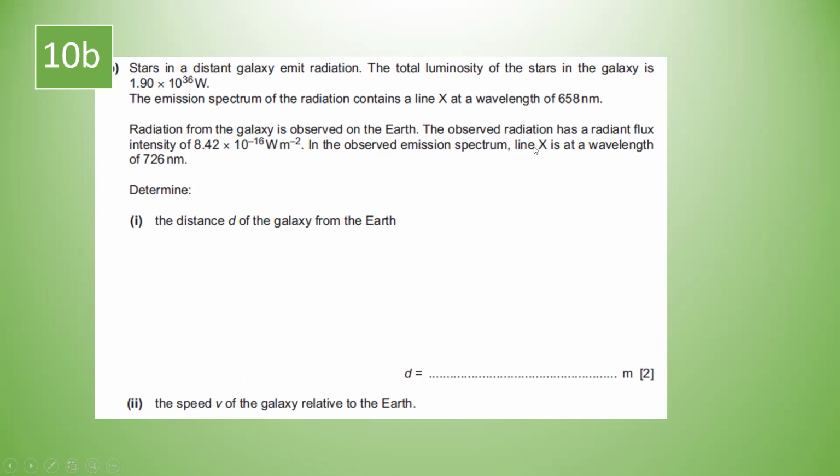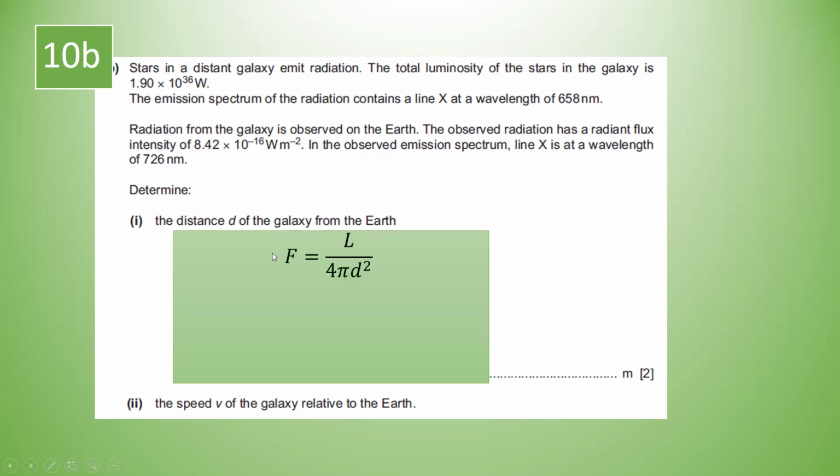The observed radiation has a radiant flux intensity of 8.442 times 10 to the power minus 16 watt per meter squared. In the observed emission spectrum, line X has a wavelength of 726 nanometer. Determine the distance d of the galaxy from the Earth.